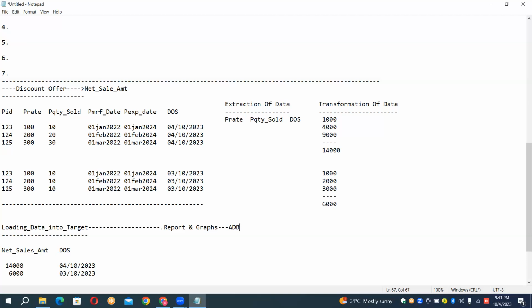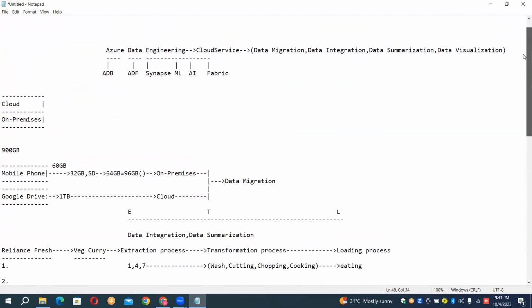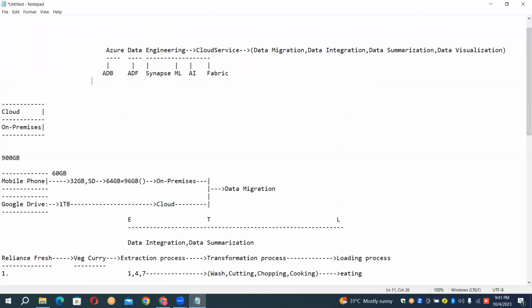So now, Azure Databricks is used for data migration, data integration, data summarization, and as well as data visualization. So this whole process can be handled by using the service of Azure Data Engineering, that is called Azure Databricks.